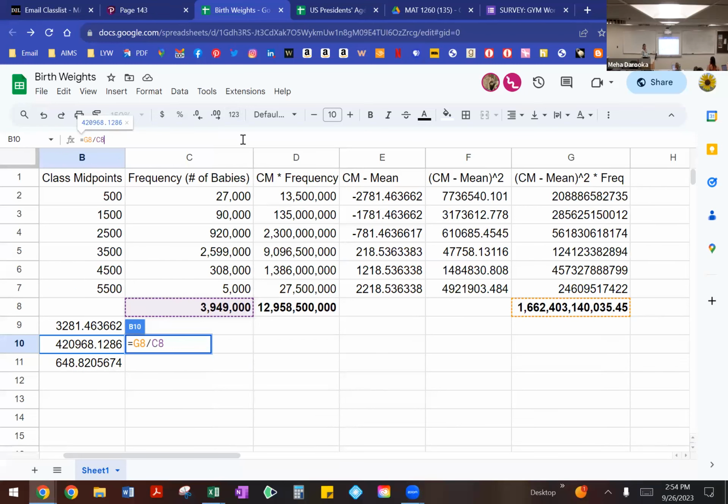Again, you took that total of the final column that we calculated, that big large number, and divided it by the total of your frequency column. So that is your variance, and then when you take a square root on this, you get your standard deviation. You see the formula?